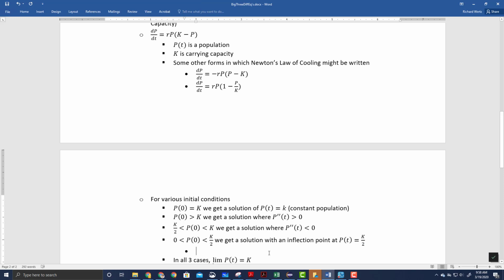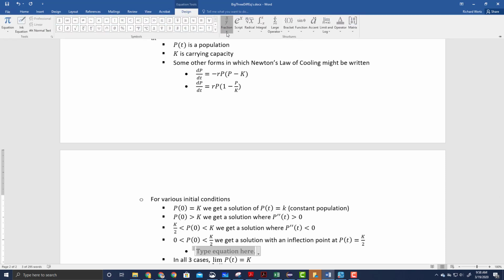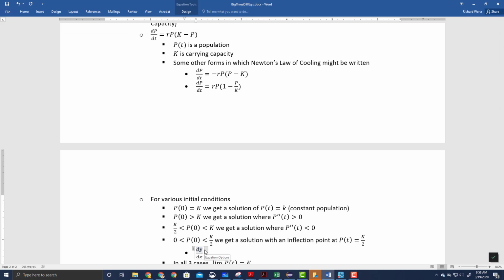If we wanted to find the inflection point, what we would do is take the second derivative and set it equal to 0. So if we took the derivative of the first derivative, let's take the derivative with respect to t of dP/dt.